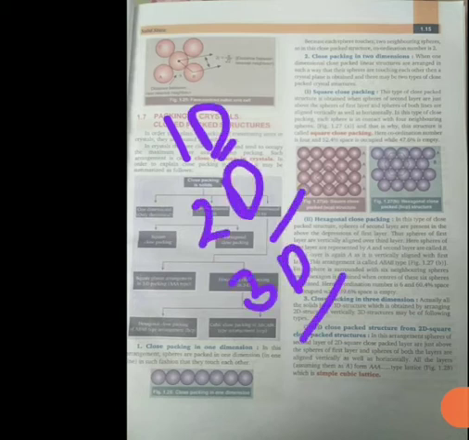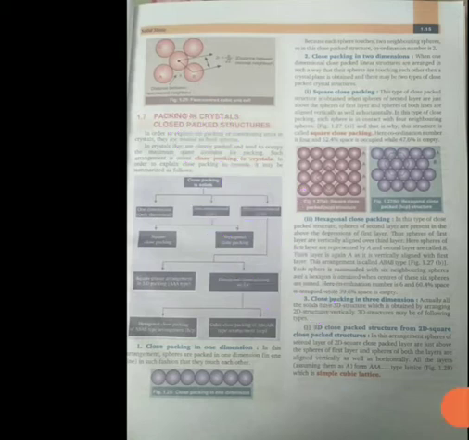D here represents the dimensions, okay, 1 dimension, 2 dimension and 3 dimensional structures. And also we have studied that the 1 dimensional structure is generally formed by placing the spheres in a single line and touching each other, okay.